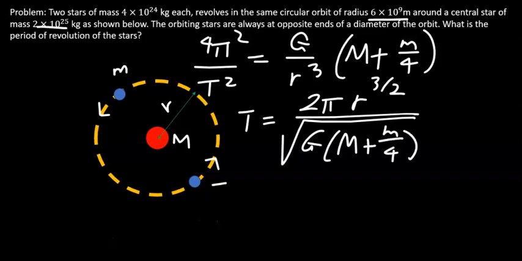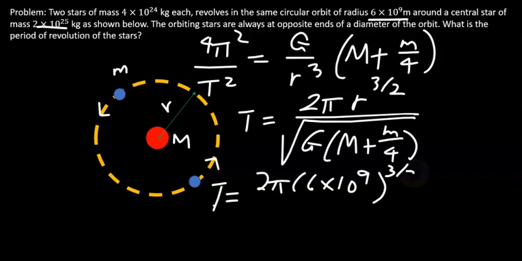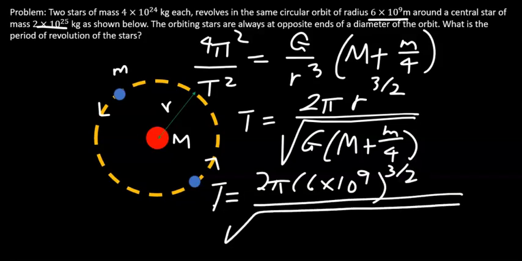Substituting the numbers, you get T being 2 pi, your r is 6 times 10 to the power 9 meters. Don't forget the power 3 over 2. Over square root, G is 6.67 times 10 to the power minus 11.